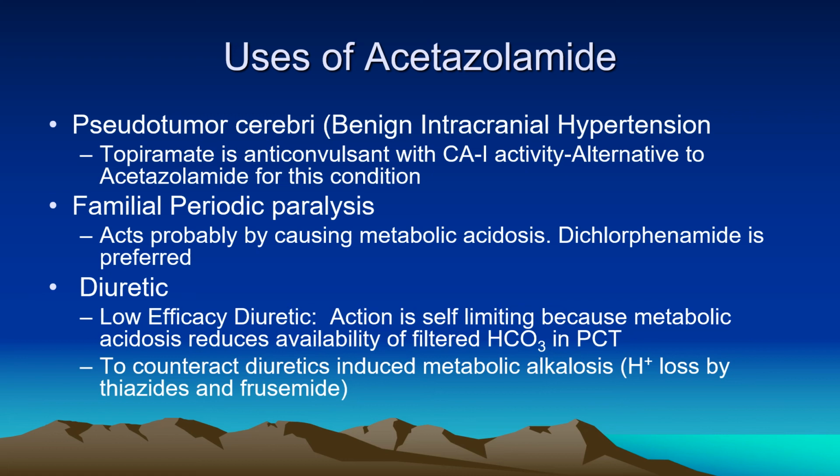So no exchange occurs in the proximal convoluted tubule. Because of this reason, acetazolamide is not commonly used as a diuretic. However, sometimes it has a special place in the treatment to counteract the diuretic induced metabolic alkalosis, as I told you earlier, which is common with other diuretics.